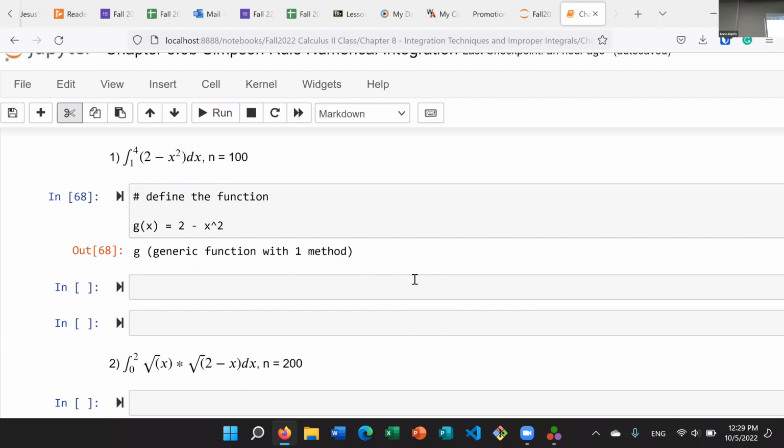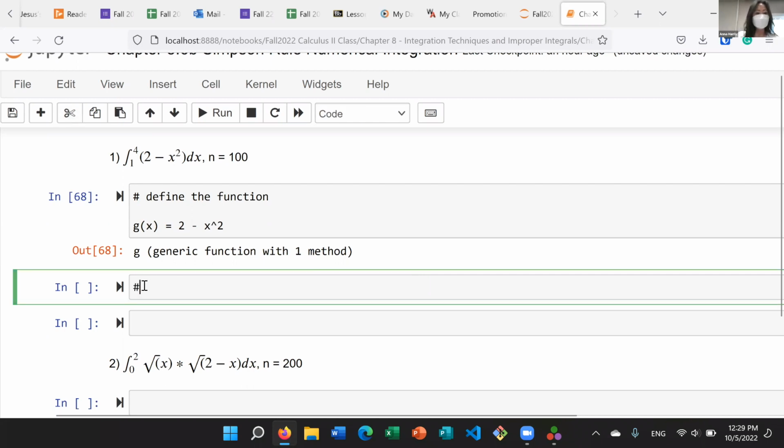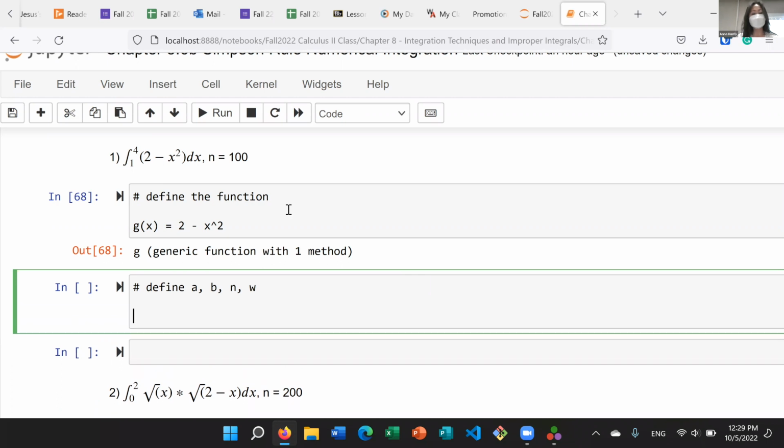Now what do you do? Define A and B. So yeah, let's do that. So we're going to define A, B, N, and what? W. Can I call it W2 in this case? Or W3, whatever.